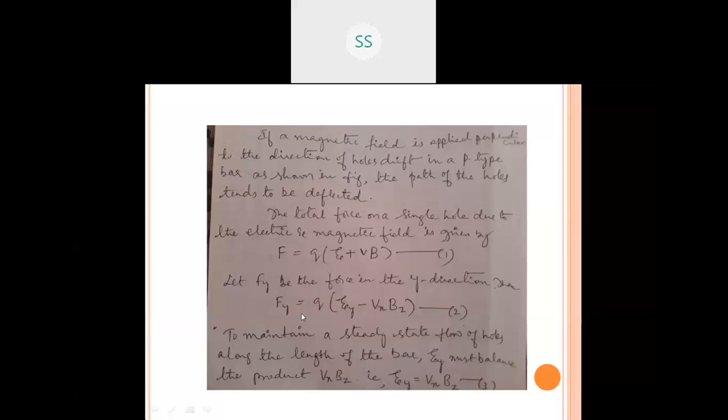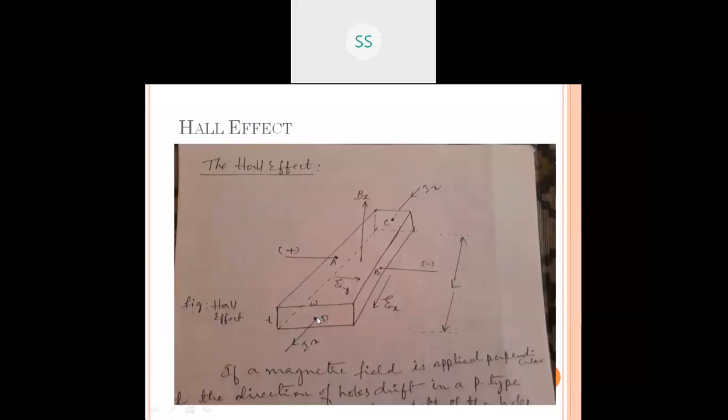See, you need a little bit of imagination here. Again you go to the picture. Bz is perpendicular. You can imagine that holes are flowing in this particular direction, from C to D end. Now Bz is applied, so because of this Bz, the holes get deflected and are slightly shifted in the y direction.